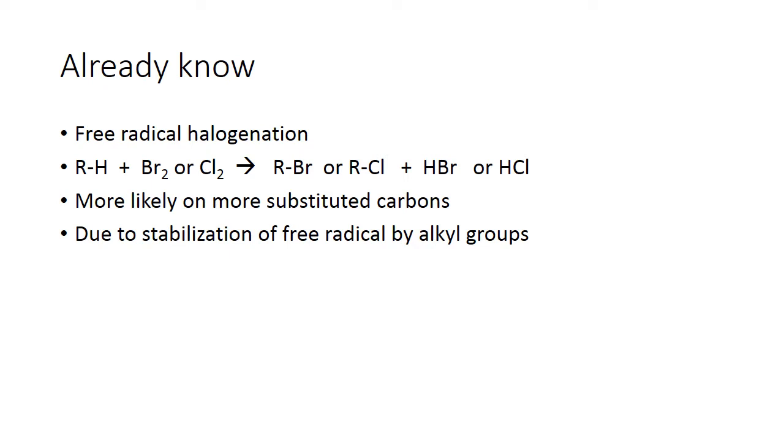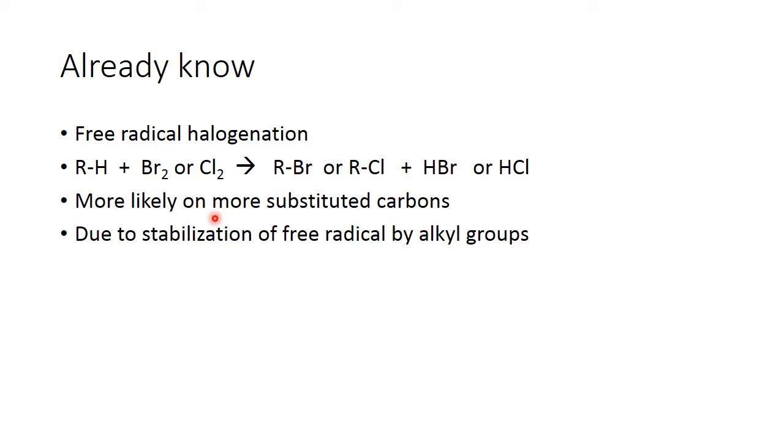If you recall, we take an alkane, and so this RH is representing an alkane, and we mix it with bromine or chlorine and a free radical generator, or we use light. And what happens is the free radicals then allow the alkyl bromide or the alkyl chloride to be made with a side product of hydrobromic acid or hydrochloric acid.